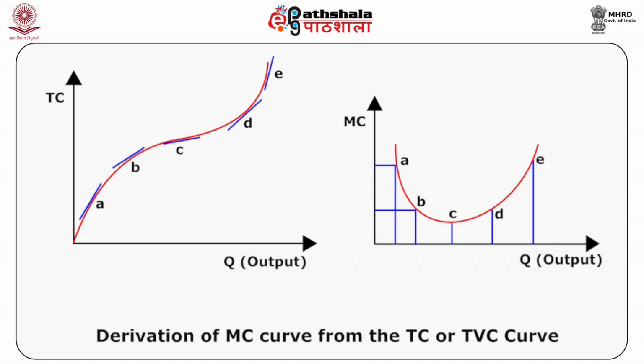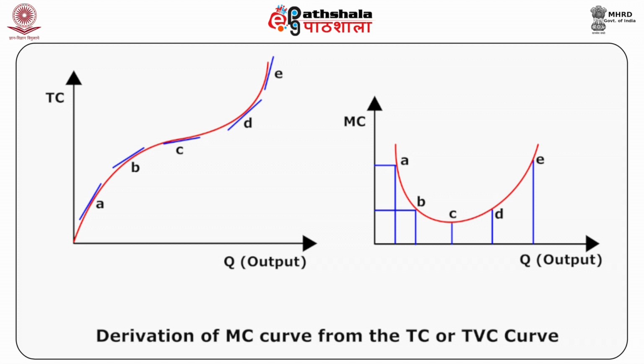In the right hand panel, you will see that at point A, the marginal cost is the highest. At point B, it declines. At point C it declines further. But at point C, if you look at the left hand panel, you would find that the slope of that small blue line is actually parallel to the x-axis, which means the slope is 0.